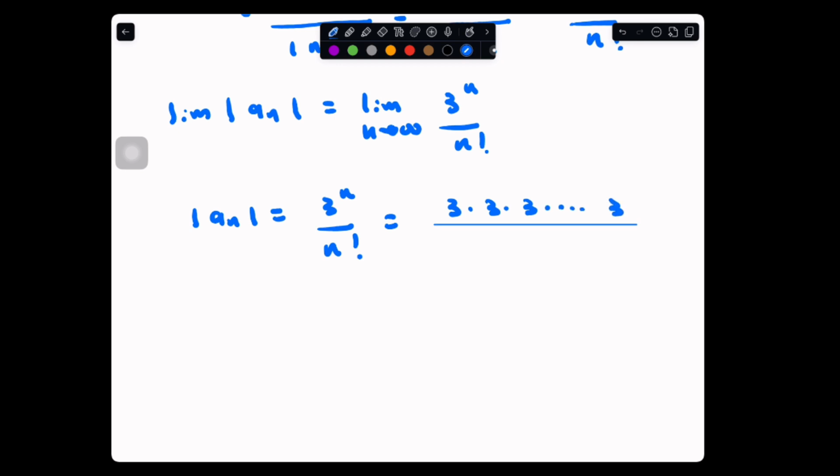We have n of these. N factorial is n times n minus 1, n minus 2, down to 2 times 1 here.